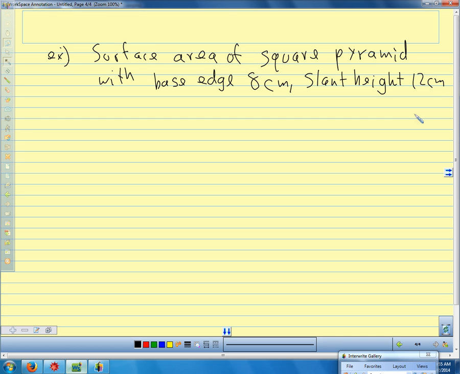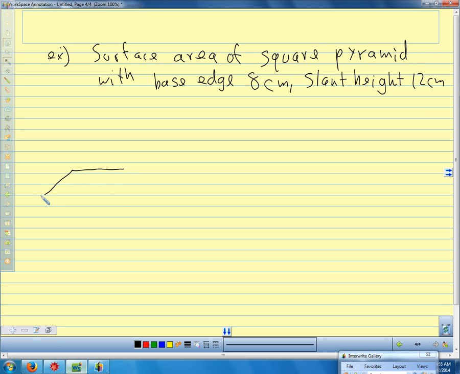So a lot of times the problem is all in words, no pictures. So what should we do? Let's draw a picture to help us know what we're talking about.